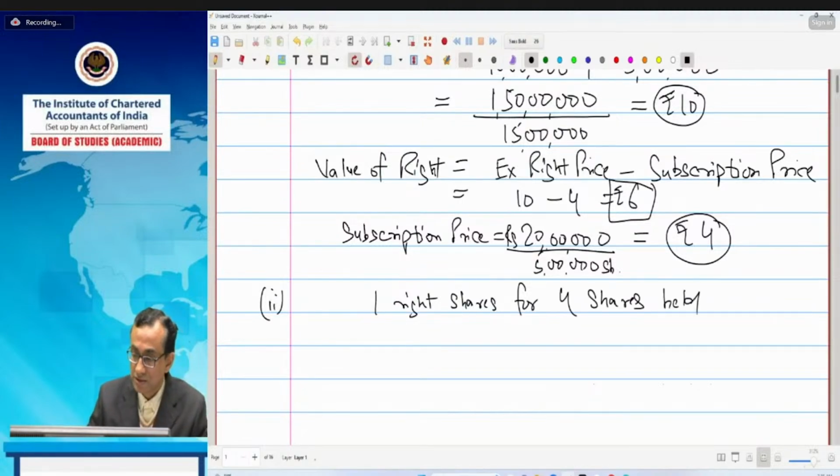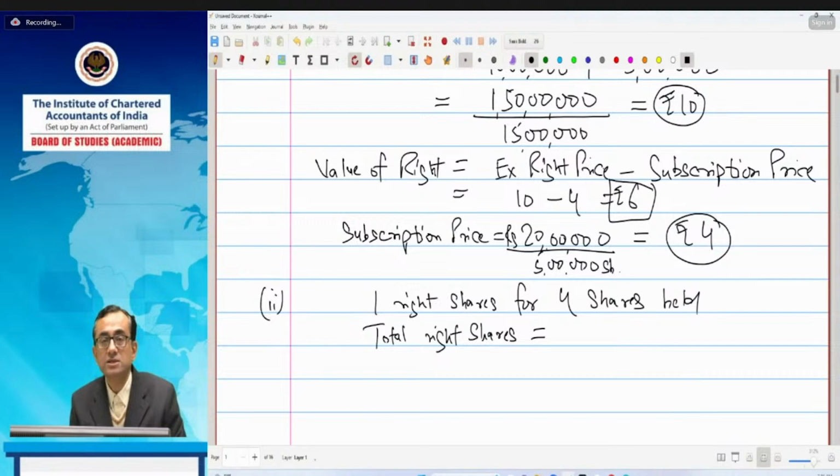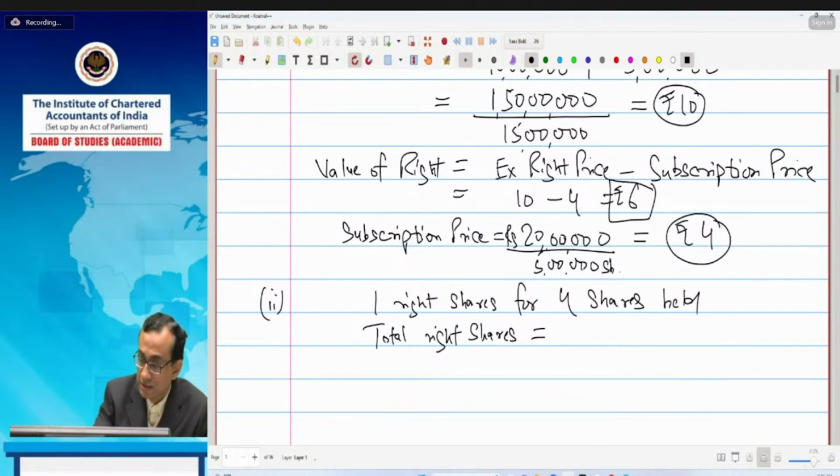One right share for 4 shares held. So total right shares will be existing shares 10 lakh. So 10 divided by 4, it will be 2,50,000 shares. Total right shares is 2,50,000 shares.